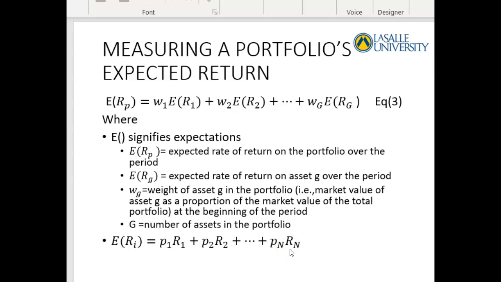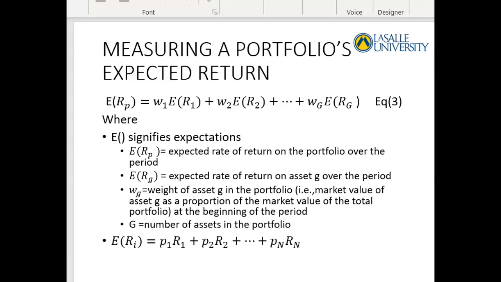Given the probability distribution, the expected value of the random variable is simply the weighted average of the possible outcomes, where the weight is the probability associated with those outcomes, which is why this equation looks very similar to what we have in equation 3 and also what we had in equation 1. So having specified a probability distribution for the possible rates of return, the expected value of the rate of return for each asset is calculated.